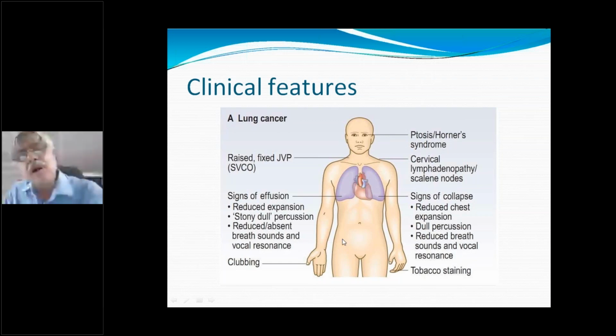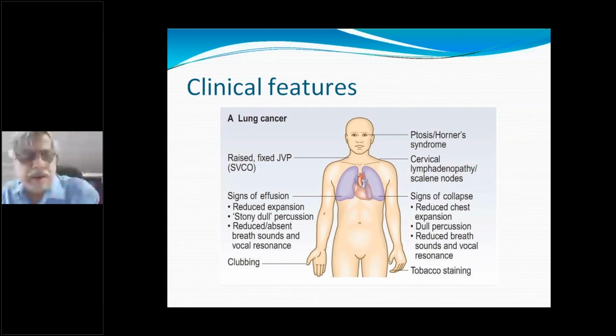And in case of bronchogenic carcinoma, you will get which grade of clubbing? Harika. Harika, anybody other than Ayesha? Pawan Kalyan, other than Pawan Kalyan and Ayesha, anybody else? In case of bronchogenic carcinoma, there are 4 grades of clubbing. 1, 2, 3, 4.